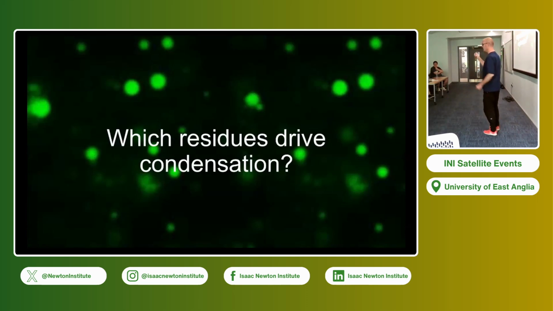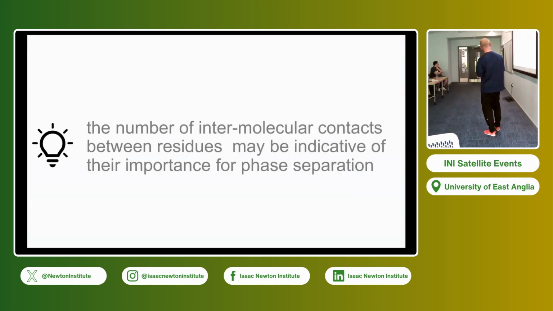So that's the point where we can go in and say, well, okay, if this is really doing something useful, which bits of the protein are driving this process? And the idea here is very simple. If you have a liquid moving around and these tend to interact and join together, it's where they interact that drives this process.